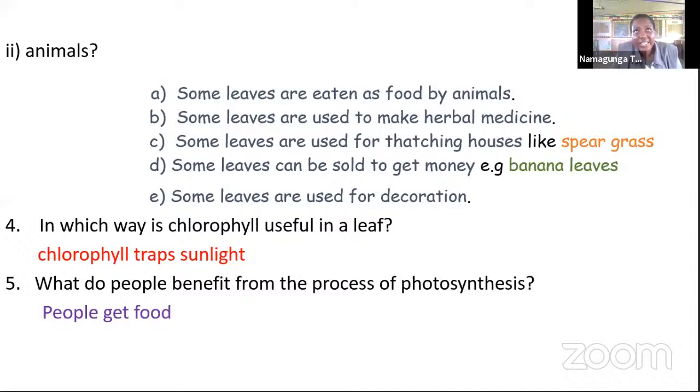Takali, are you there? Give us an example of the leaves which are eaten by animals. Still grass? Mango leaves. We don't eat mango leaves.